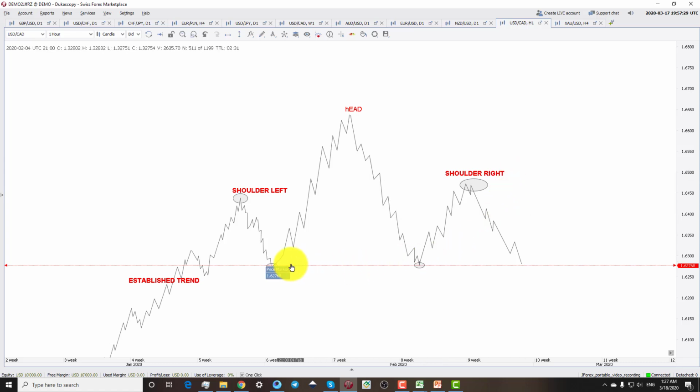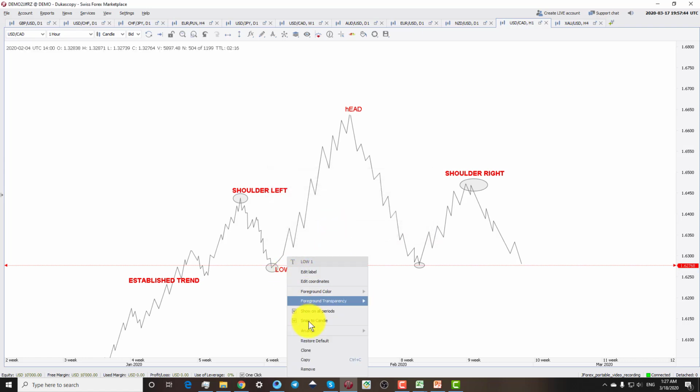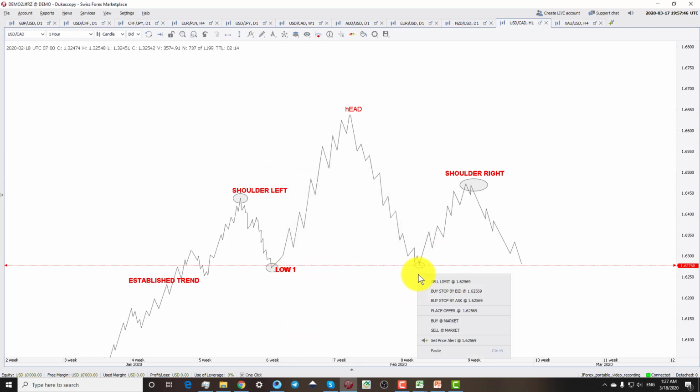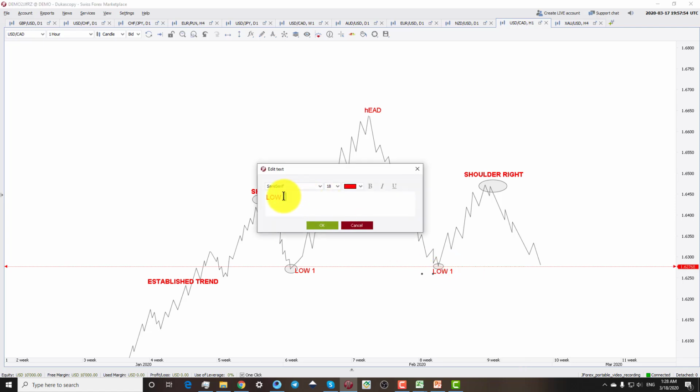Now if this is the first low, I will mark it. So this is low 1, and this is low 2.